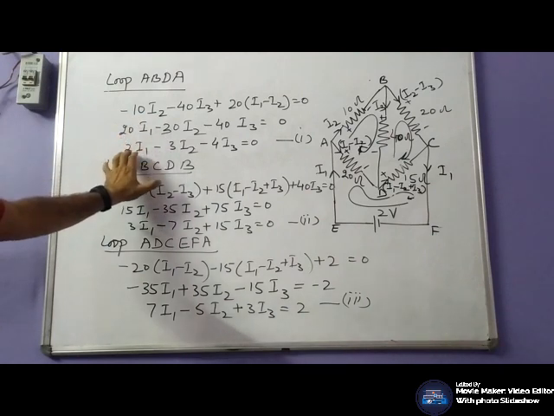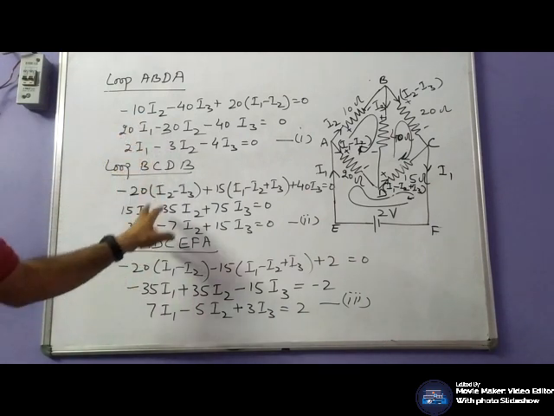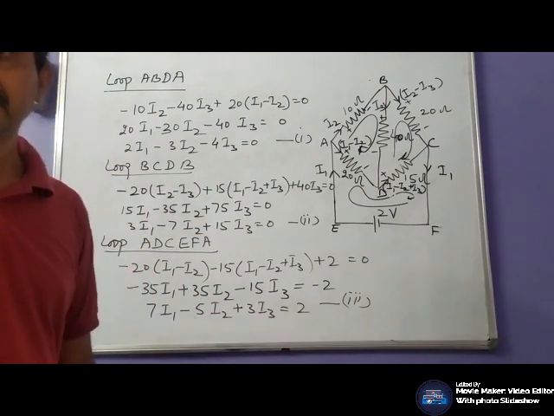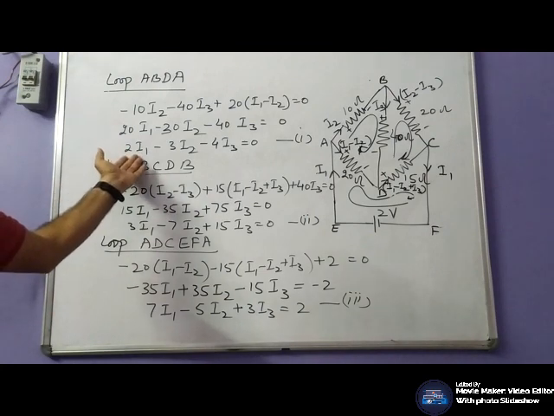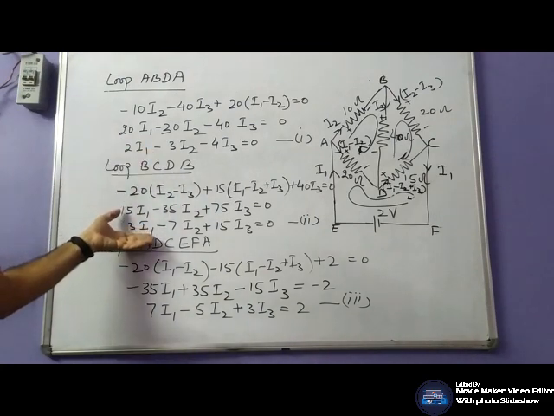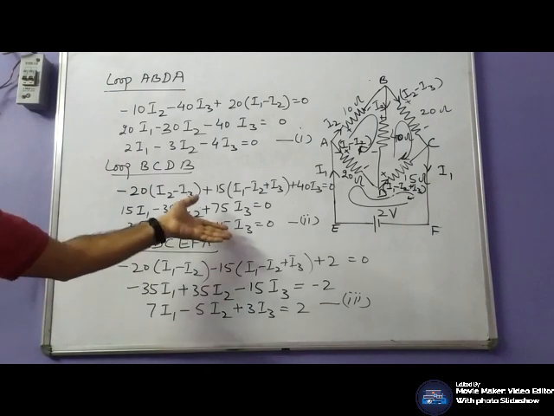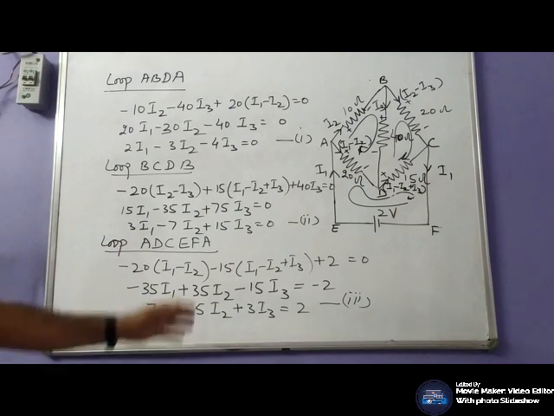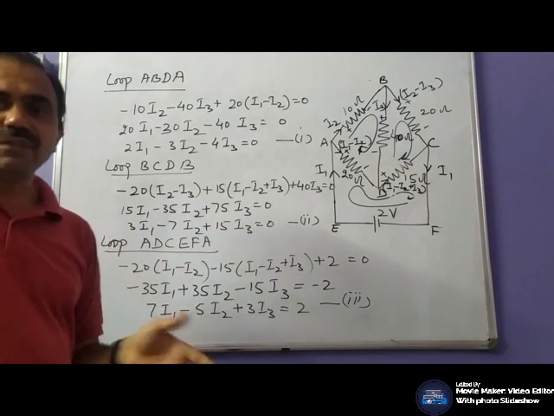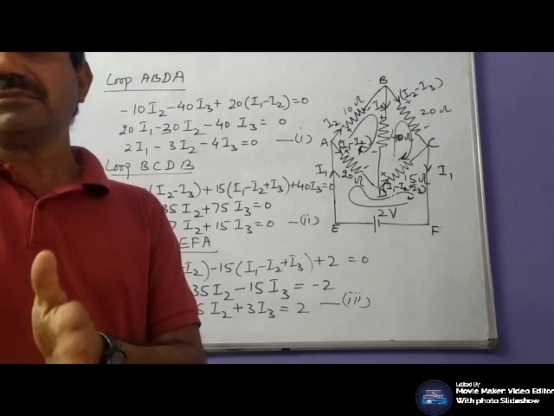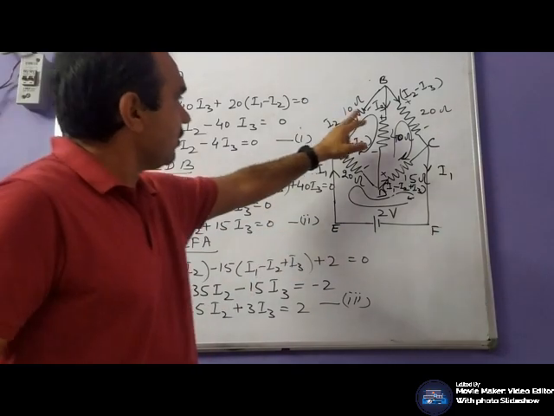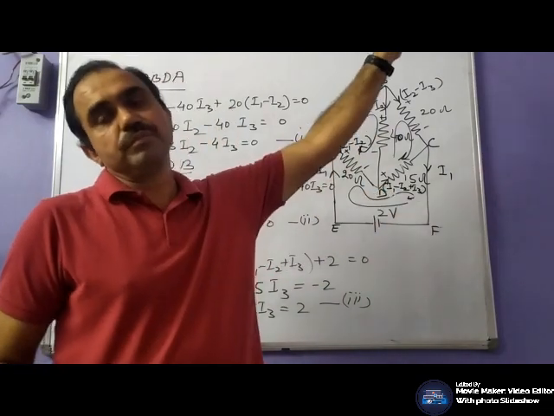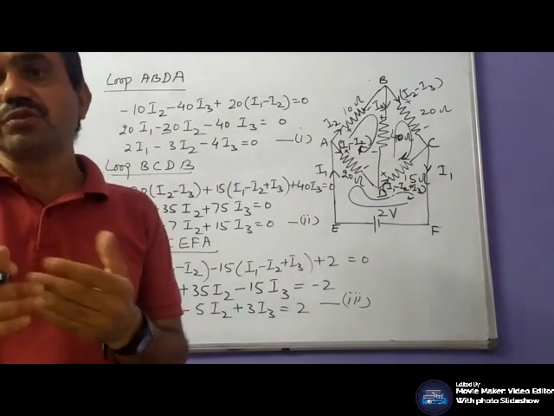Simplify this, equation number 1. Solve equation number 1, 2 and 3. Simply you can eliminate I1 from the equations and solve it for I2 and I3. So you can find out the value of I3. If the value of I3 comes to be negative, the direction of current is not from B to D, it is D to B. For example, answer is 2 ampere.